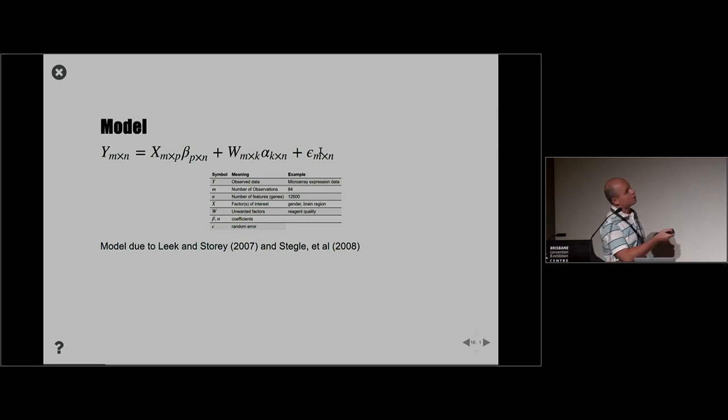So at first it looks just like a straightforward linear regression model, and it is, but with the important added complication that this W is unknown and we need to find some way to get it from the data. And I should point out that this model, at least in the context of genomics, first came from Leek and Storey and Stegle in 2007 and 2008.